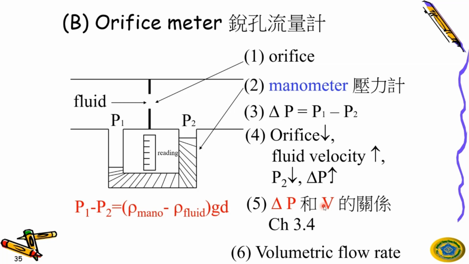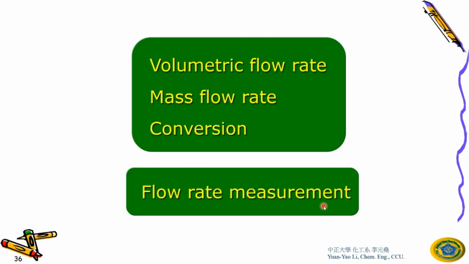But I don't want to tell you too much information, because if you know how to measure the flow rate using a rotameter, that'll be enough. Okay, so the information here is the volumetric flow rate. We use a rotameter. And how do you convert the volumetric flow rate to the mass flow rate?